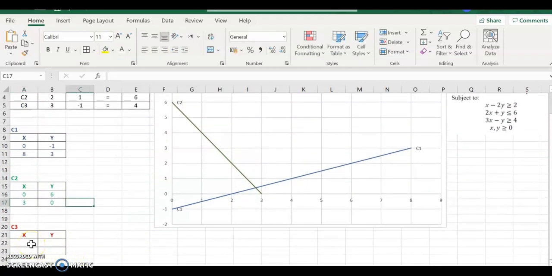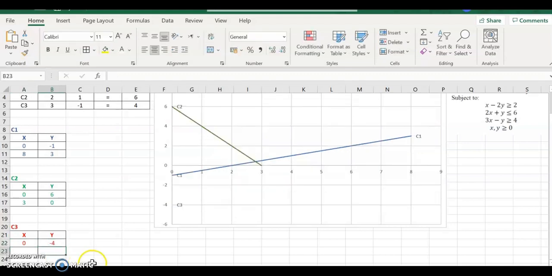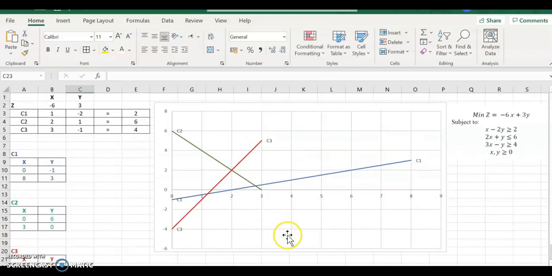For the third constraint, I'm going to be using these 2 points just for the sake of convenience. You can choose any other 2 points that satisfy the equation. So 0, minus 4 and 3, 5. So these are our constraints.